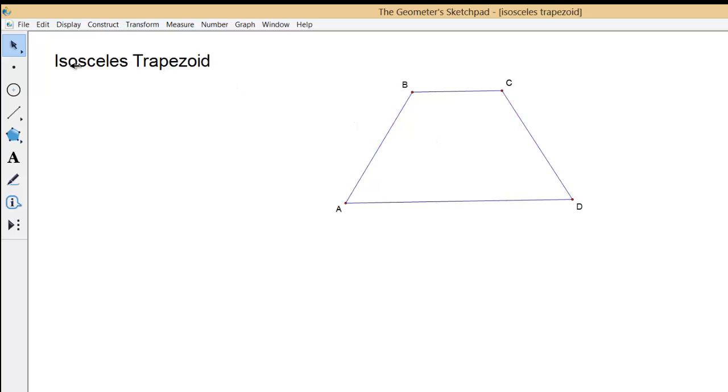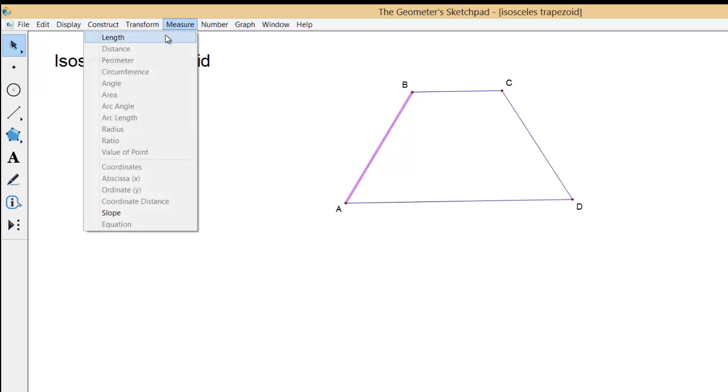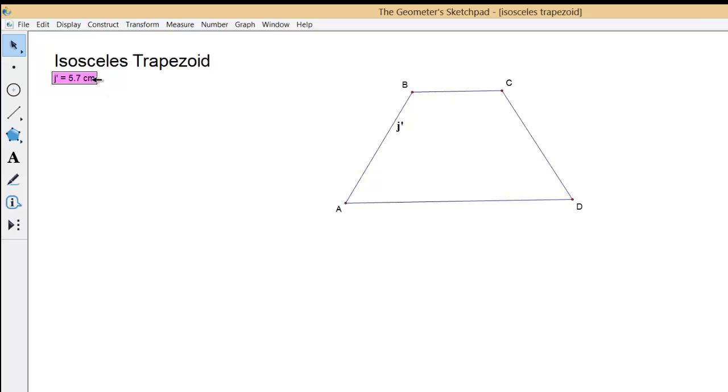Now for an isosceles trapezoid, this one is special in that the two non-parallel sides are equal in length. So if we measure this non-parallel side, we get 5.7. And if we measure this non-parallel side, we also get 5.7.